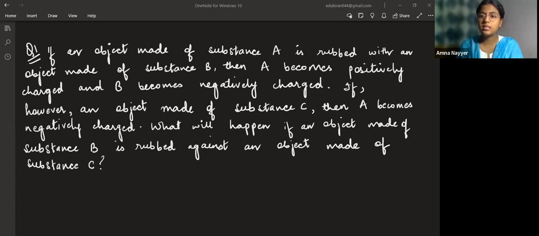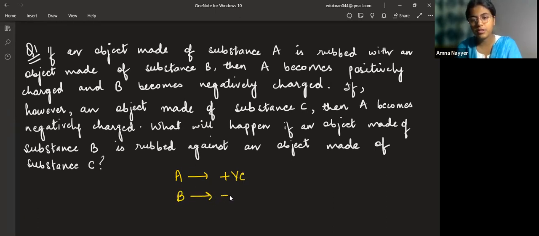So if this is the case, it means A body is positive, and B body is negative. If any numerical or any type of question has to come from this portion, charging by friction, apart from the theoretical definitions, these types of questions can come in your board examination. So A is positive, B is negative. It means what would have happened?